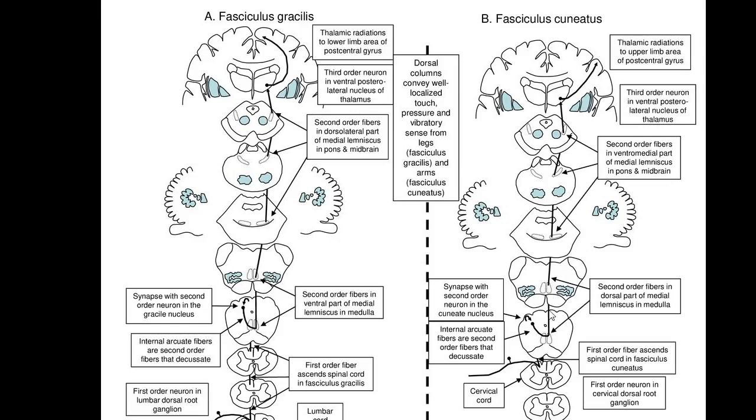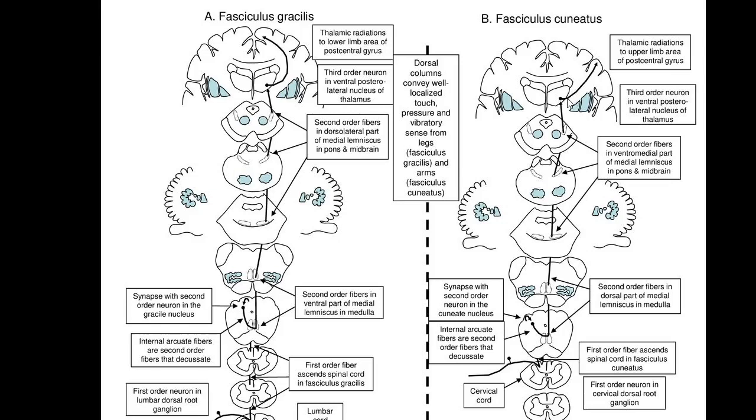The second order neurons are present in the medial lemniscus, which passes through the pons and the midbrain, and it terminates in the thalamus.